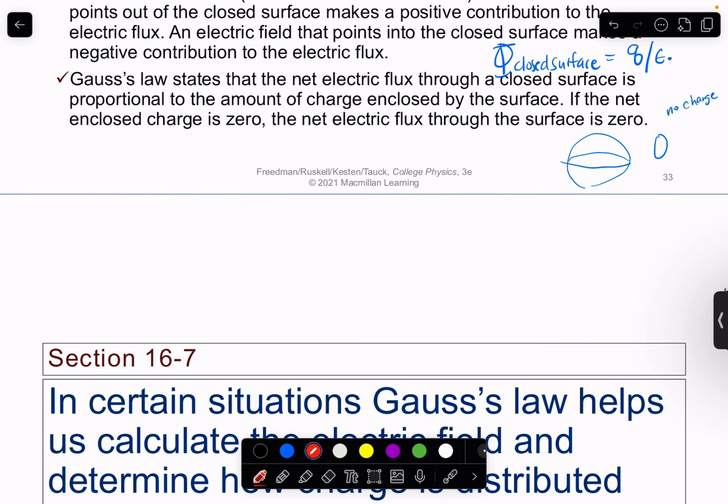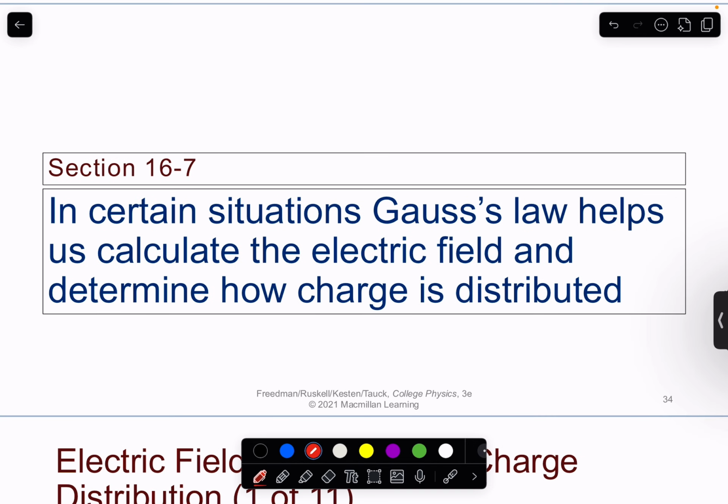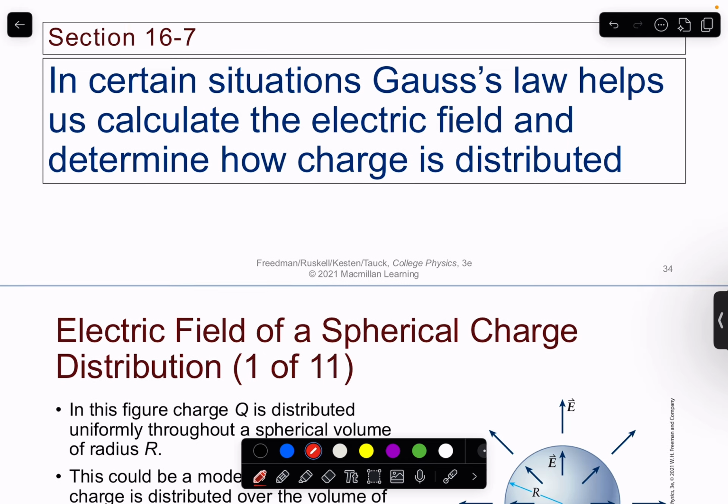In certain situations, Gauss's law helps us calculate the electric field and helps us determine how charge is distributed inside of that surface that we draw.